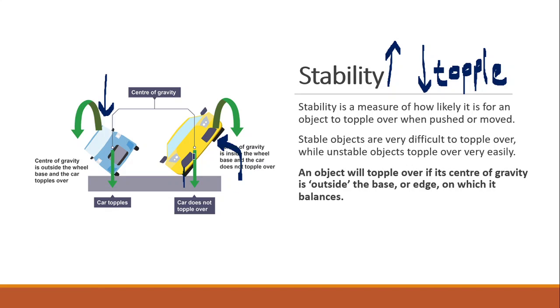However, it is on the right side. It's inwards. It's over here, to the right of the pivot point. So that's why it won't topple over. So basically, you have to see that this is the outside-inside theory of toppling over.